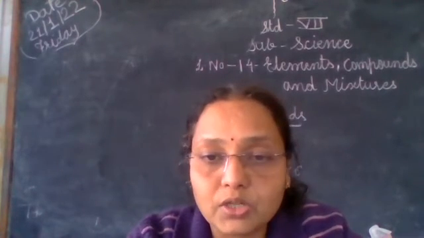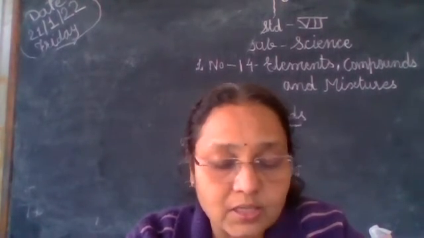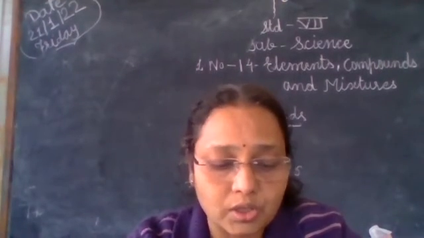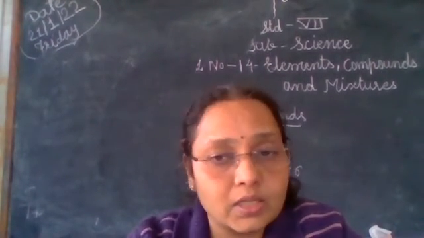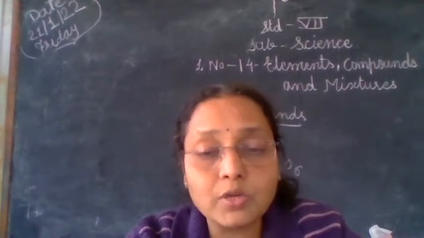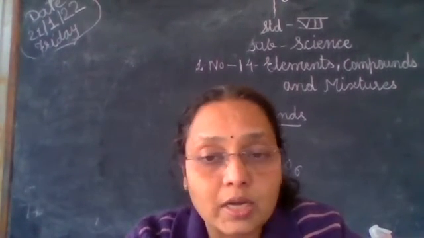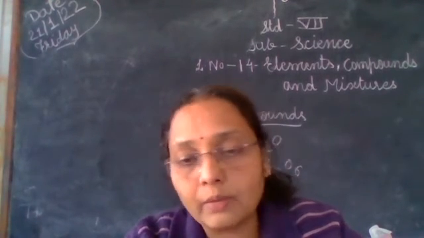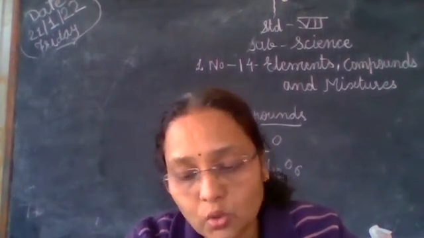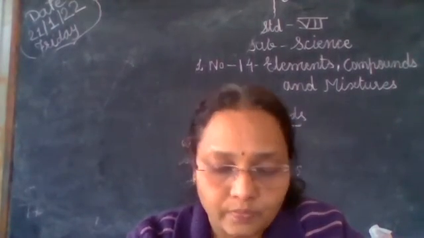Examples of elements: hydrogen, carbon, gold, silver, copper, aluminium. Compounds: water, salt, sugar, carbon dioxide. Then mixtures: air is a mixture, soil is a mixture, and an alloy is also a mixture.